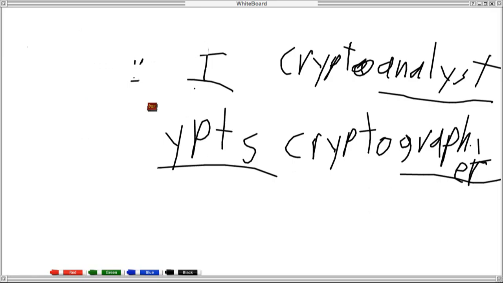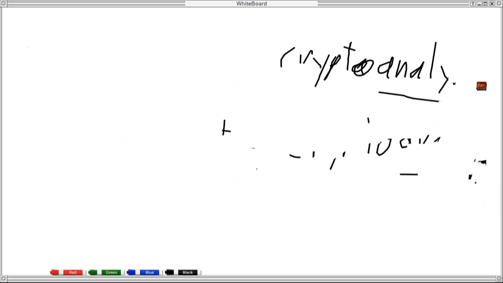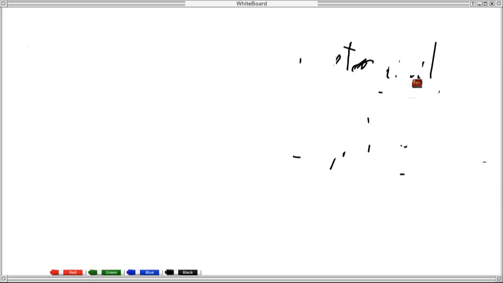Okay. So now that we got that out of the way, one of the first encryptions that there were were relatively simple. Think of it this way. Let's say you have an army of people.